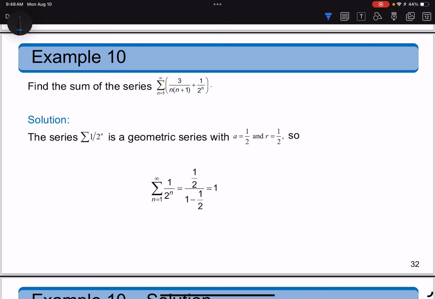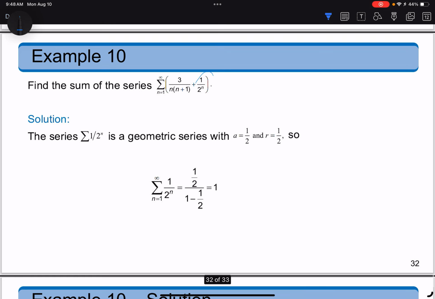Find the sum of the series summation of 3 over n times n plus 1, plus 1 over 2 raised to n. The series 1 over 2 raised to n is a geometric series. The terms would be 1/2, 1/2 squared, 1/2 cubed, 1/2 to the fourth, and so on.